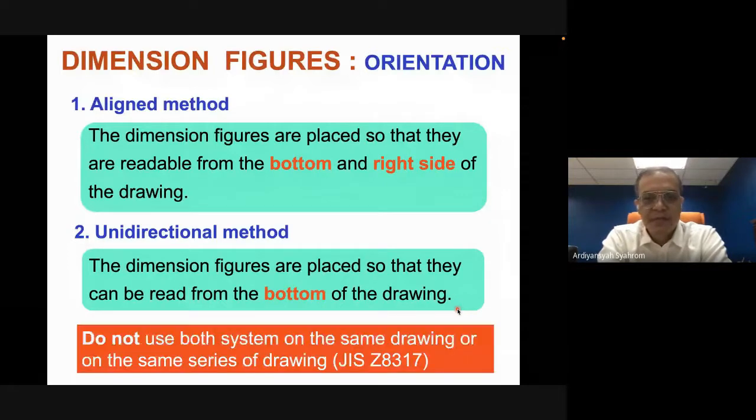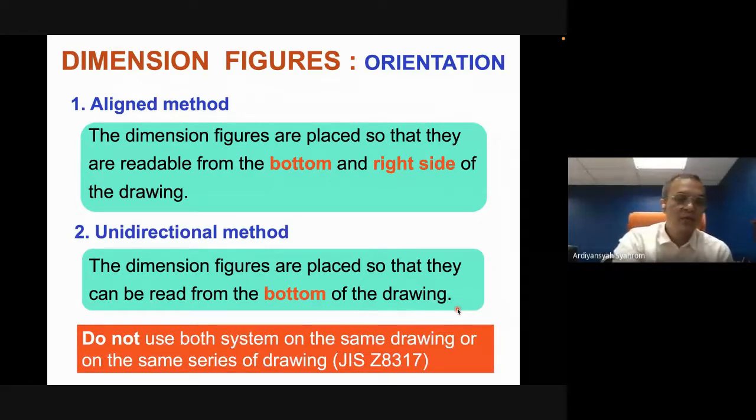Do not use both systems in the same drawing or the same series of drawings. You need to follow that if you want to know, JIS Z8317. That is the standard.